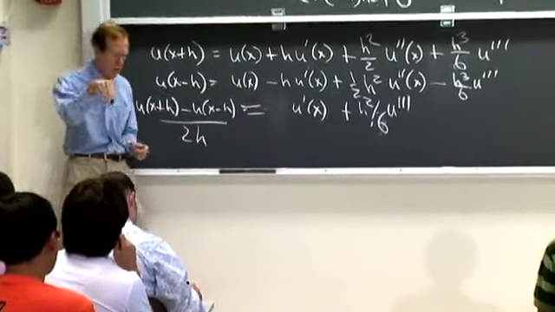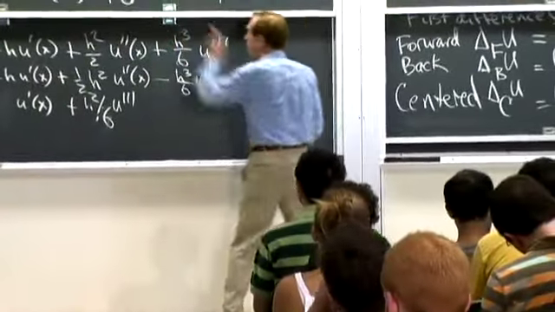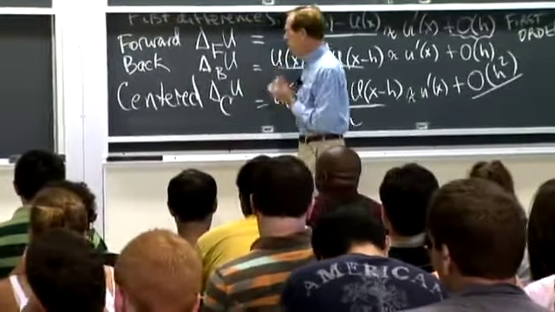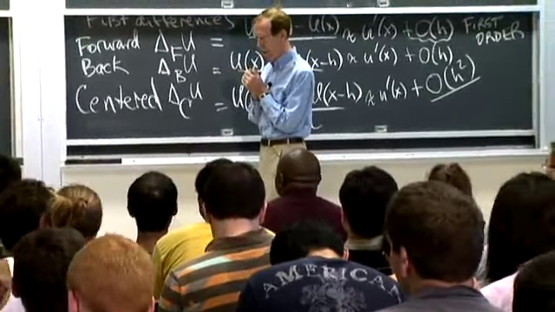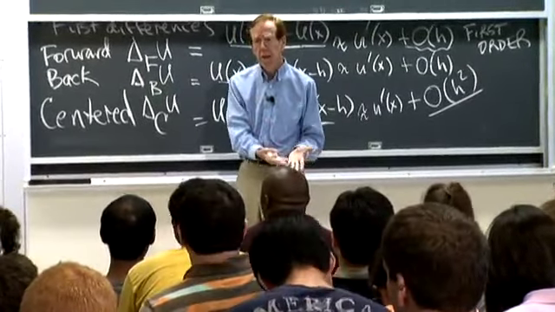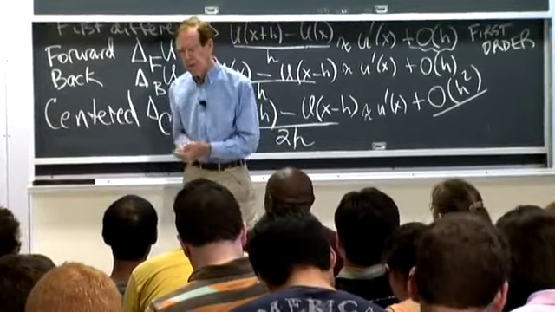Okay, now to second derivatives, because our equation has got u double prime in it. So what's a second derivative? It's the derivative of the derivative. So what's the second difference? It's the difference, first difference, of the first difference.